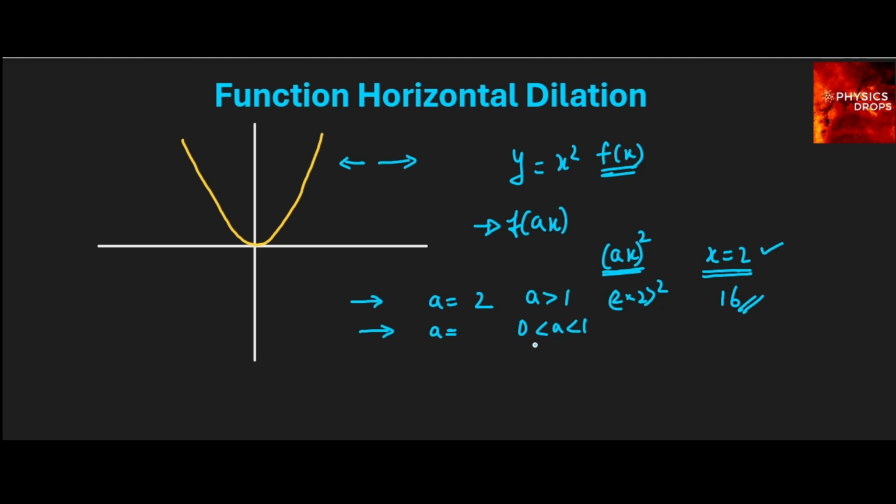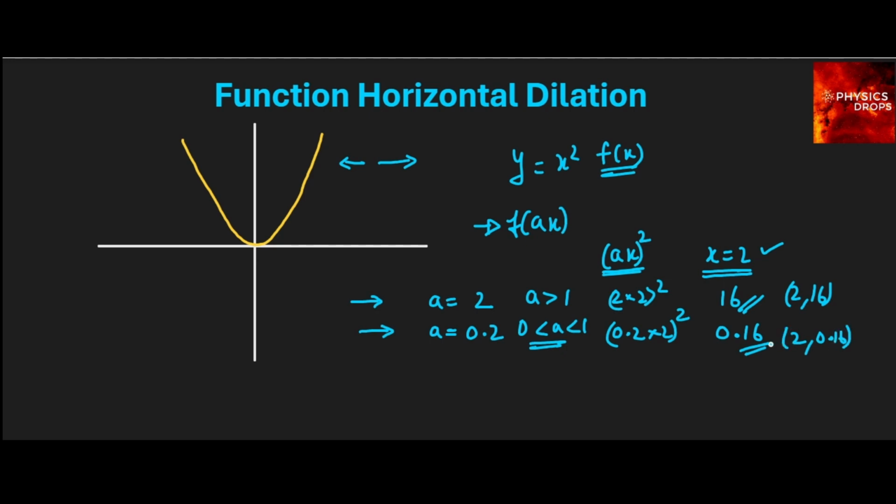When a lies between 0 and 1, let's take the value of a to be 0.2. And so the function becomes 0.2 times 2 whole square, or 0.4 square. This is 0.16. So we get two coordinates: 2, 16 for the case a greater than 1 and 2, 0.16.